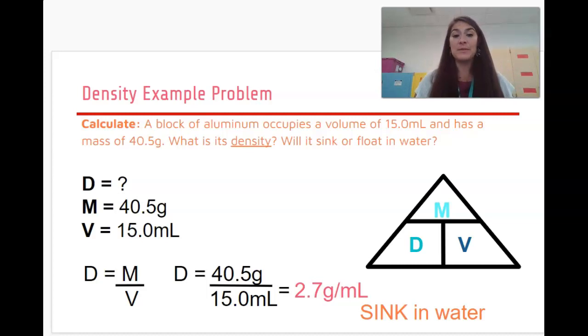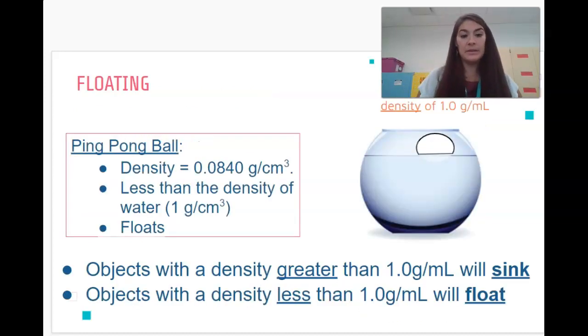Okay? And so if something has a greater density than that or a lesser density than that, we need to think about, okay, well, is that thing floating or not? So as we think to that, let's take a second before we fully analyze this problem to think about floating.